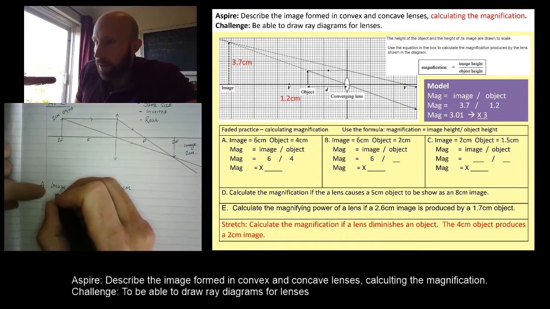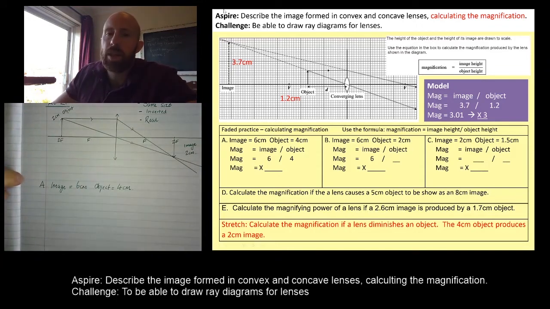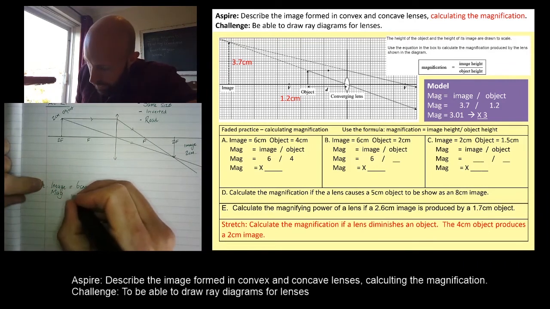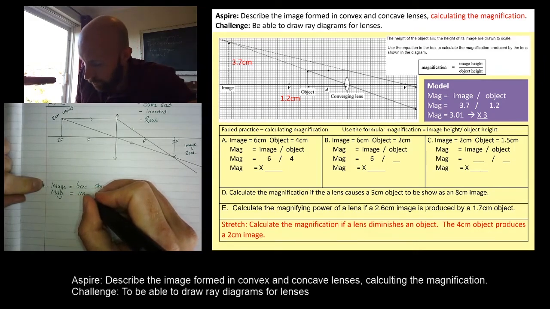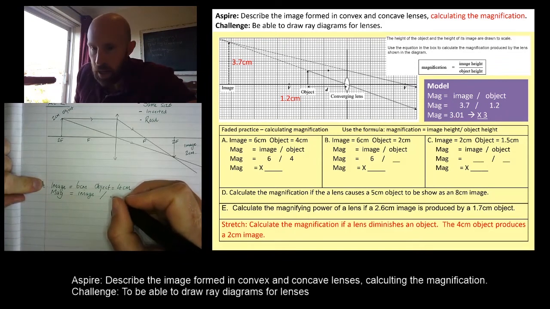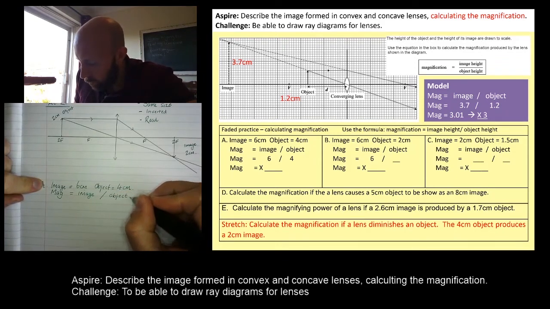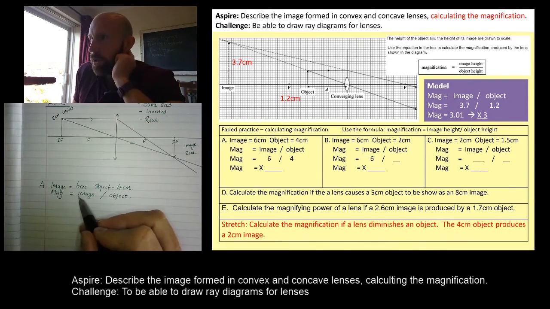Okay, the next thing is to write down the calculation. So we can see it's up here in the top corner of the presentation. It's there. So we can just write mag, you don't need to write magnification each time, equals image divided by the object. Okay, so let's now substitute our numbers in.